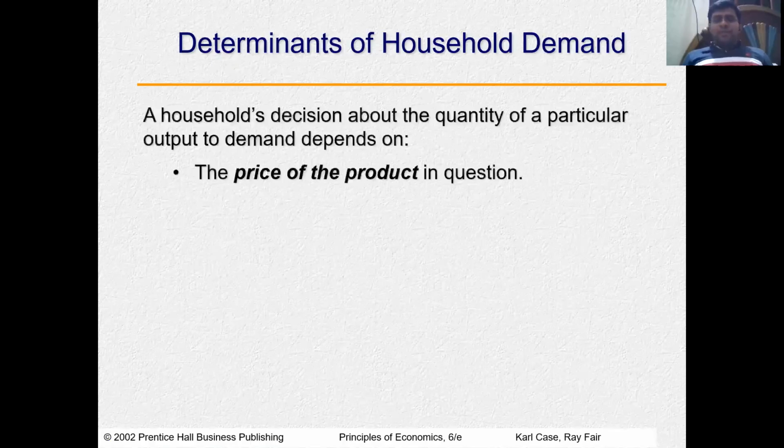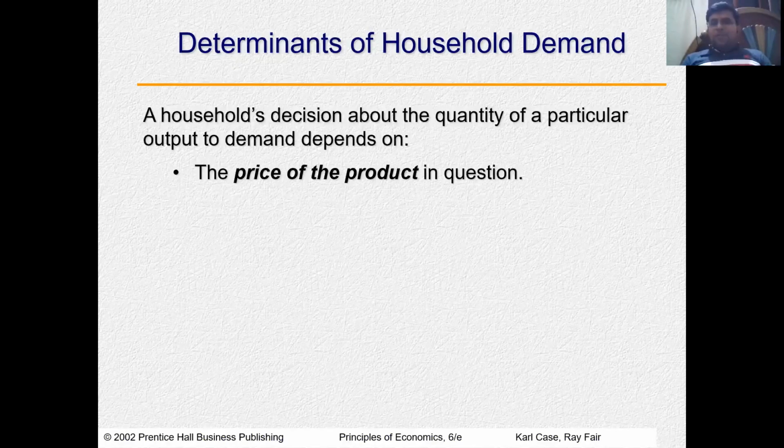Further, we want to have a look at the factors affecting household demand. Number one, we have the price of the product or service. Any change in the price of the product or service would bring change in household demand, but in the opposite direction, meaning that if the price increases, the household demand decreases, or vice versa.